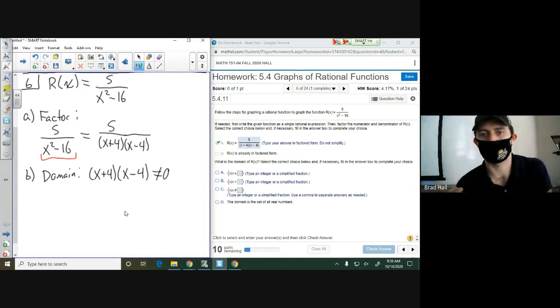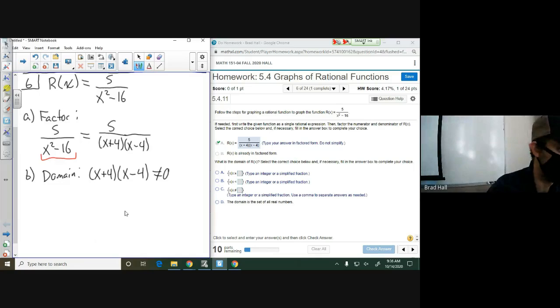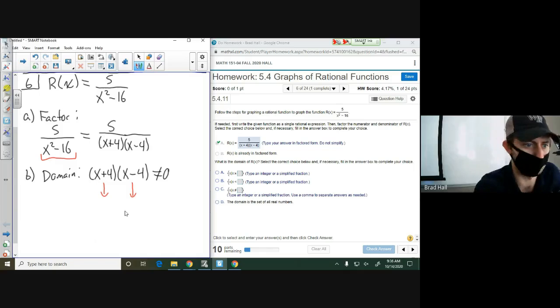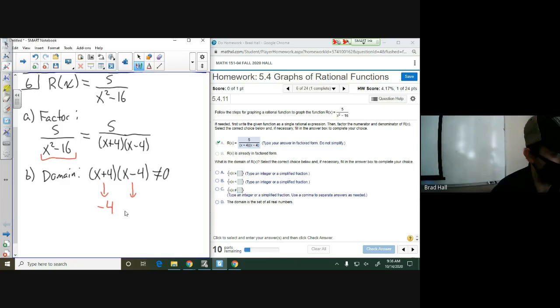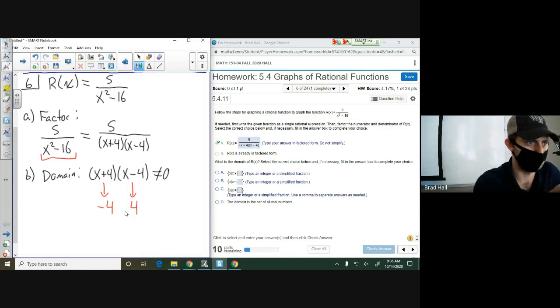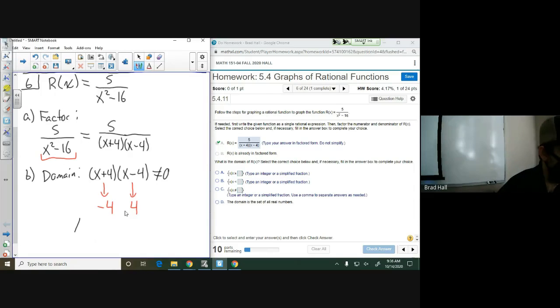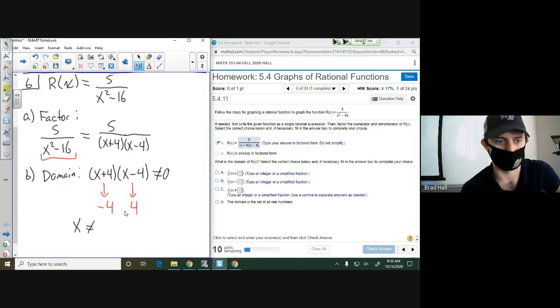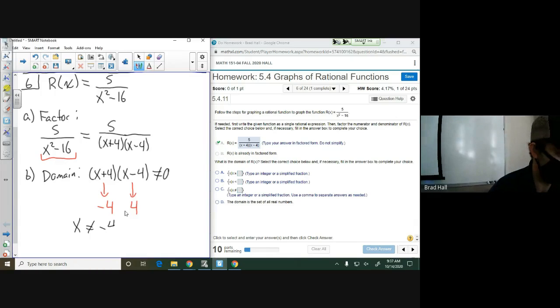Since what we set equal to 0 is already factored, that is equivalent to determining the corresponding zeros of the factors. Factored forms are good because we can pick out the zeros really easily. It's just the opposites. So we would conclude that x cannot equal, because this is a domain, so not equal to -4 or 4.